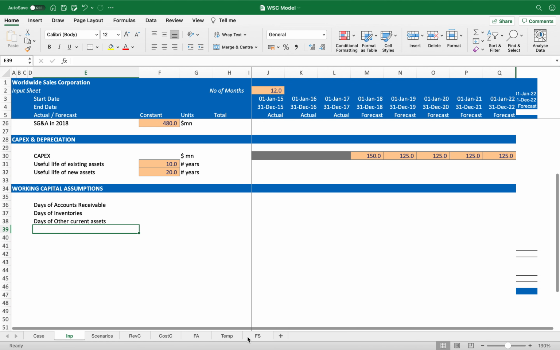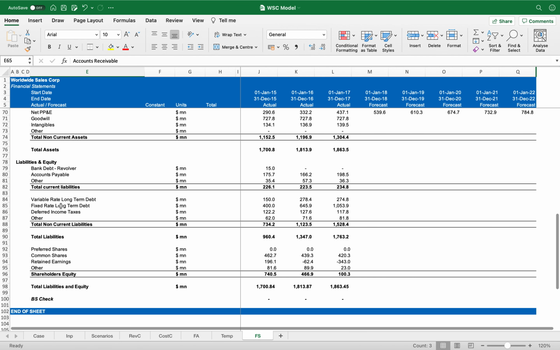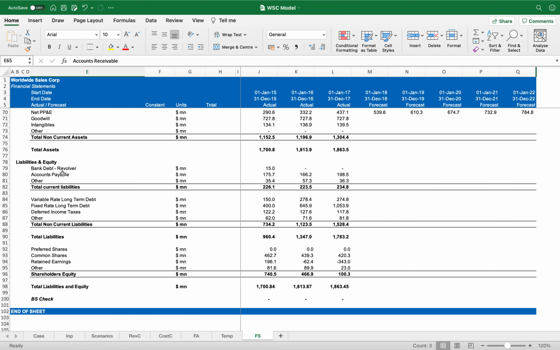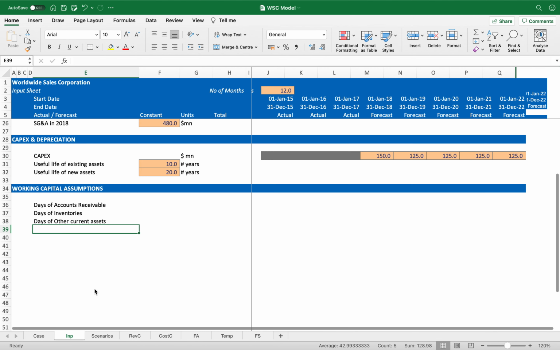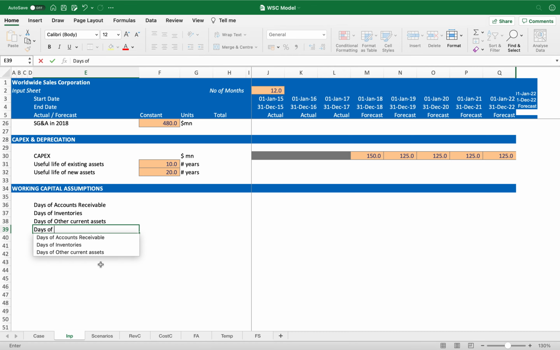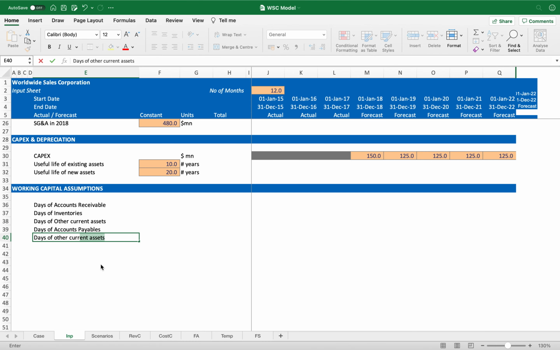Fair enough. Do we have any other current asset? No. Okay, let's look at current liabilities. Leave alone revolver. This is a part of debt. We'll come to debt computations. Apart from this, we have two types of current liabilities: accounts payable and other current liabilities. So let's say days of accounts payables and days of other current liabilities.